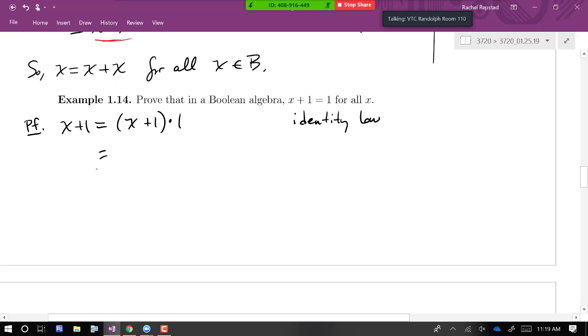I'm going to rewrite this element 1 on the end using the complement law. So this is x plus 1 times, how can I rewrite 1? x plus x complement. So that's the complement law.